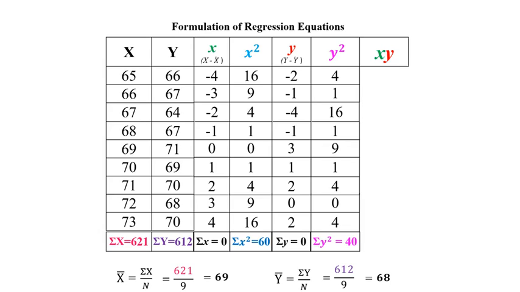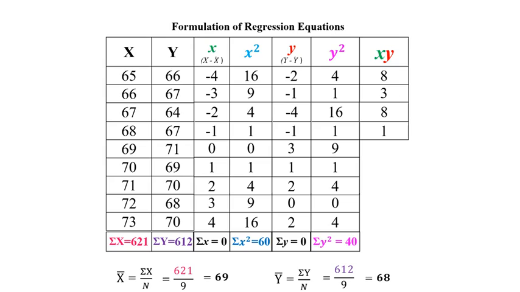Next find out small x into small y. Be careful. Minus 4 into minus 2, minus into minus plus, 4 twos are 8, plus 8. Minus 3 into minus 1, plus 3. Minus 2 into minus 4, plus 8.